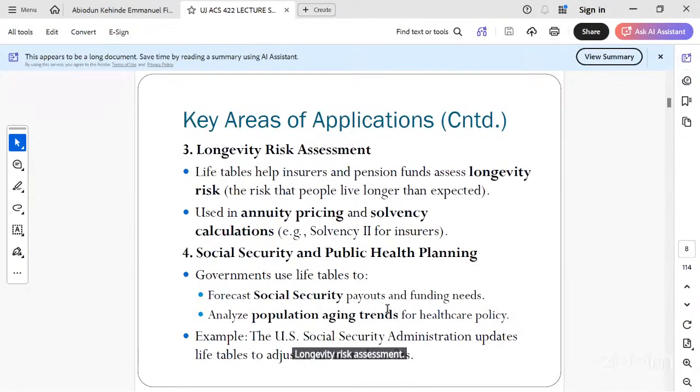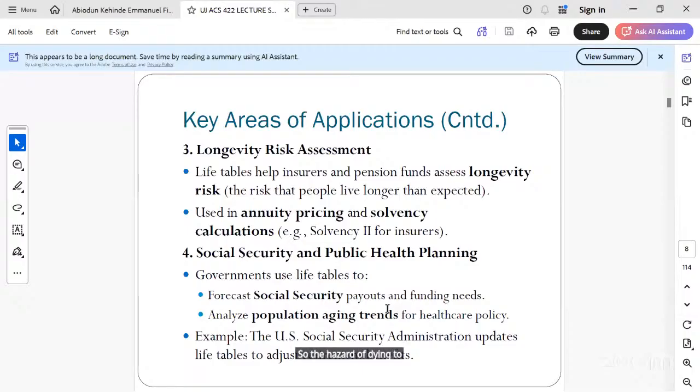So life table can also play a key role in the longevity risk assessment. Like I said during our first course, all of us are exposed to hazards. The hazard of living too long, or the hazard of dying too early.